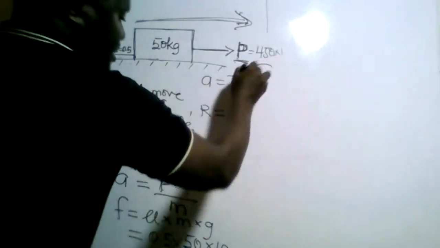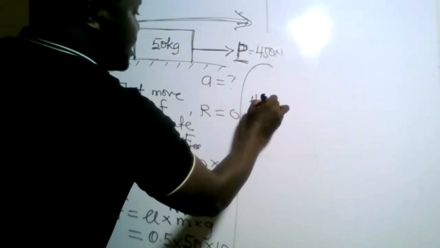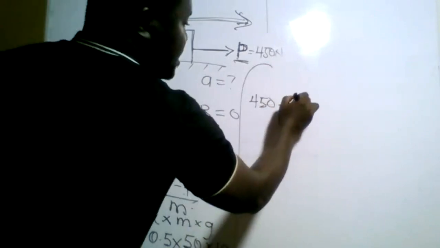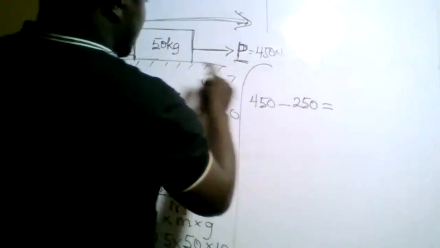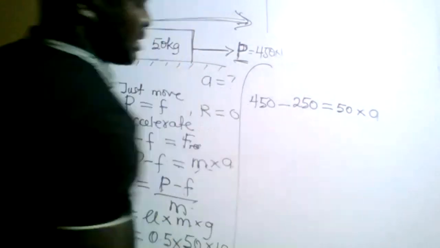Because there is a difference, 450 for P minus 250 equates to the mass of the body, which is 50, times acceleration.